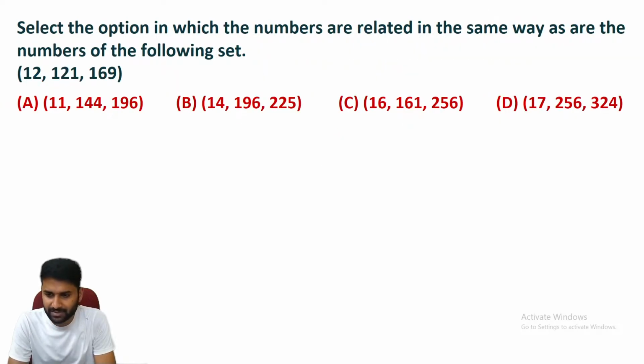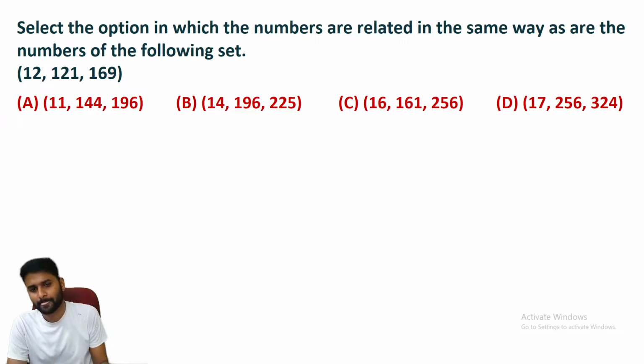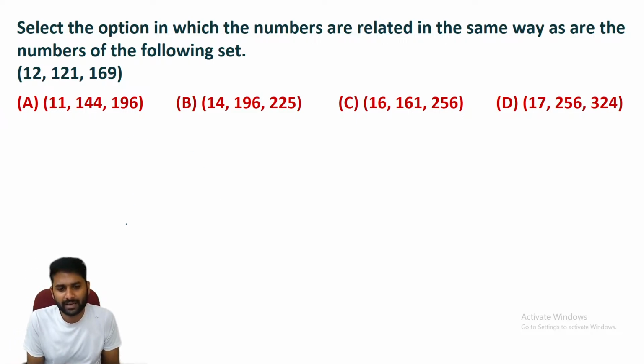Again, you guys tell me which one is the different pair when compared to the remaining ones. First, see the relation among 12, 121, 169.